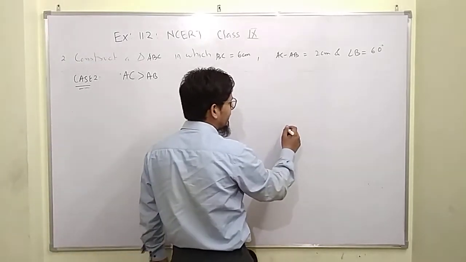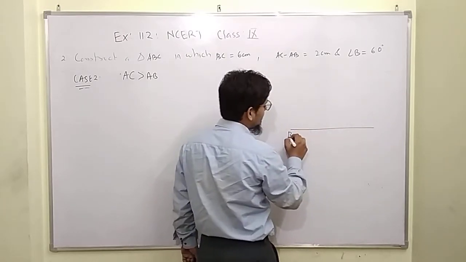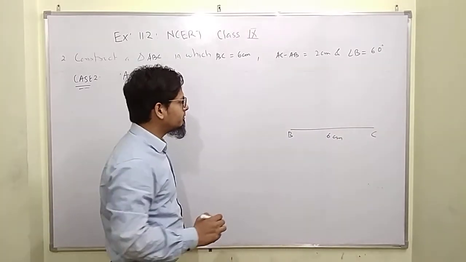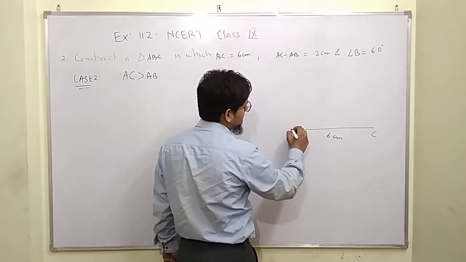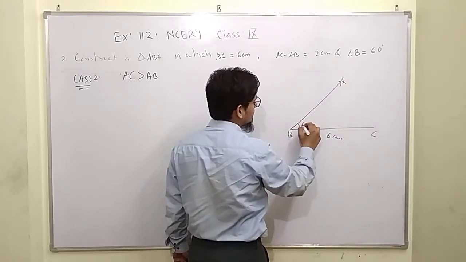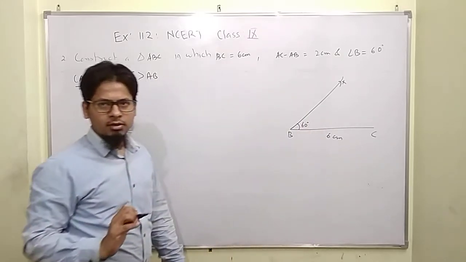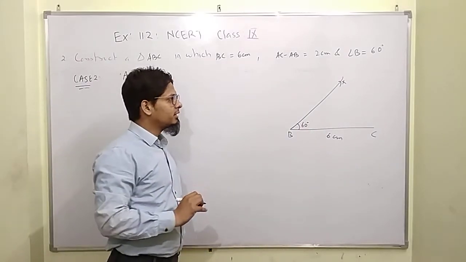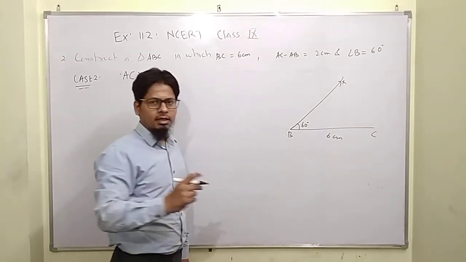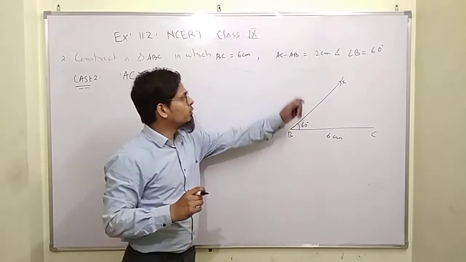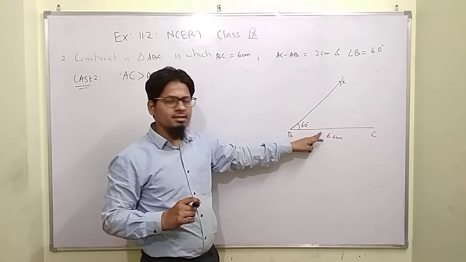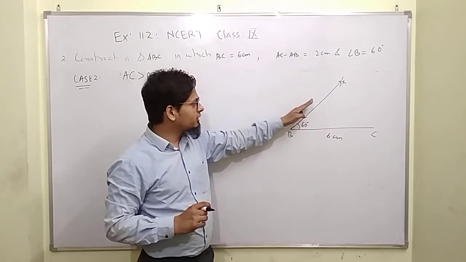First, I draw the base BC of 6 centimeter. From point B, draw an angle, say XBC equal to 60 degree. These are the common steps we have done. After this, I cut an arc of 2 centimeter on the opposite side of line segment BC, in the direction opposite to BX.